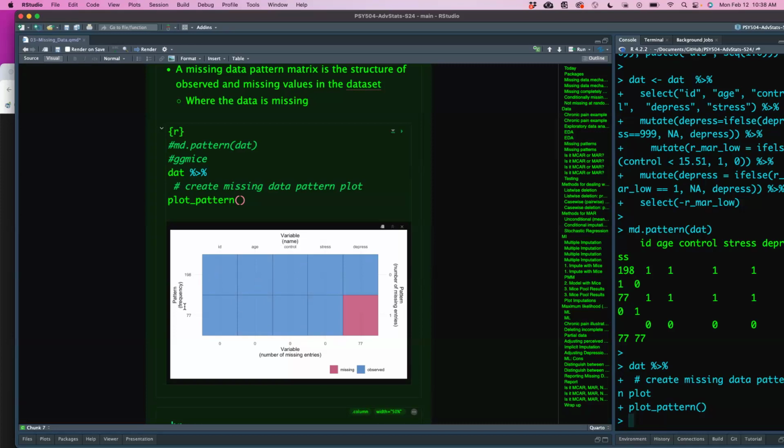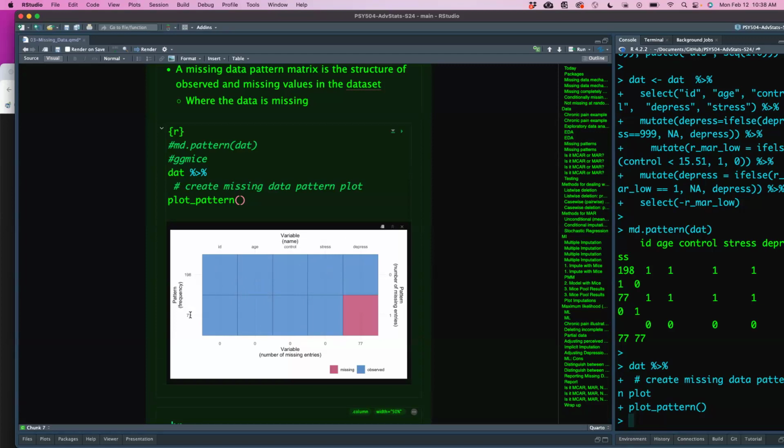Looking at our data, if we look at the patterns, we have two missing data patterns. The first missing pattern has 198 entries and it's missing zero variables. So we have complete data for 198 observations in our data set, so complete data for ID, age, control, stress, and depress.